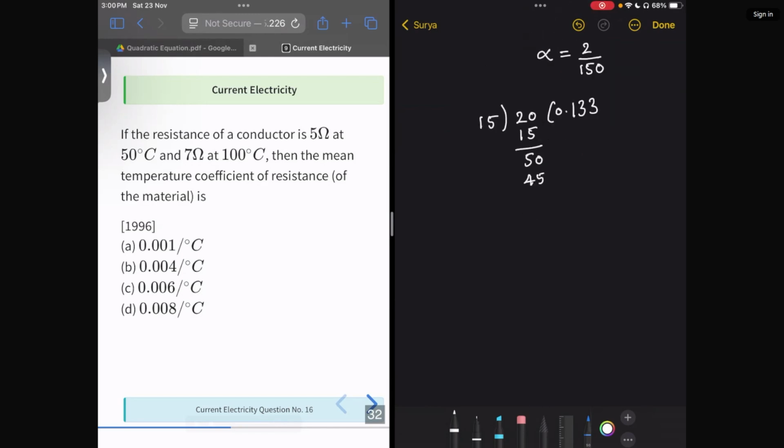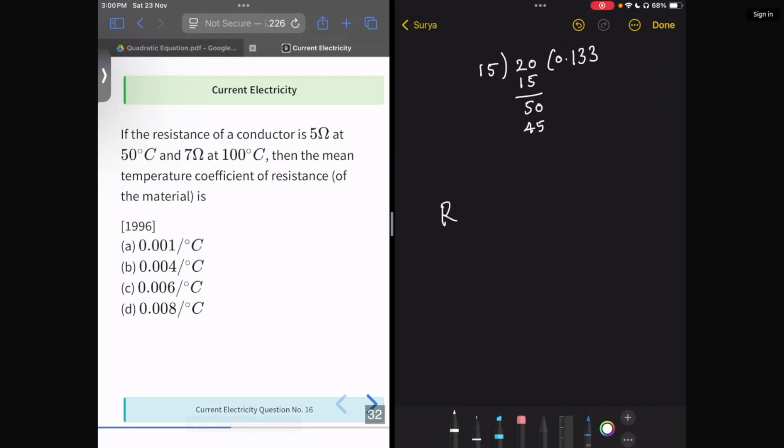So the mean temperature coefficient is not actually alpha, it is at the mean temperature. They have given two different temperatures, so there is a relation: R at T2 equals R at T1 into 1 plus alpha into T2 minus T1. So this is the mean temperature coefficient. It is 7 into 1 plus alpha into 100 minus 50, that is 50.